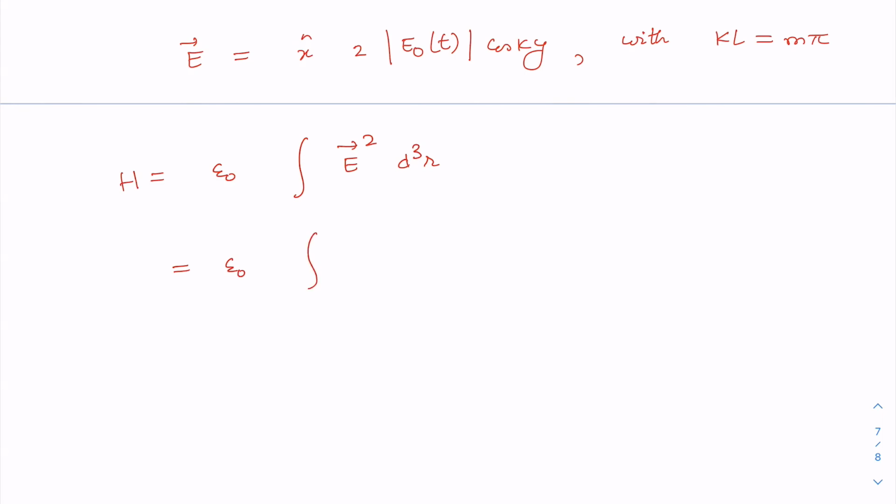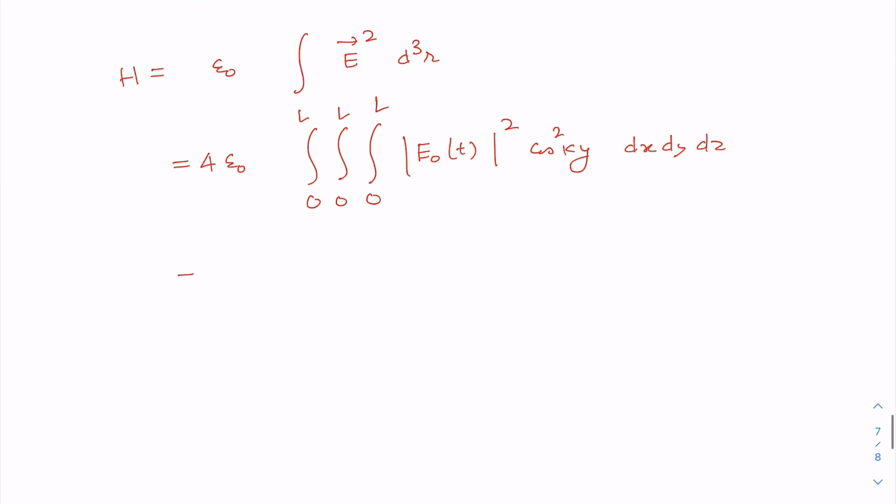We are integrating over the whole cubical box, so x goes from 0 to L, y goes from 0 to L, z goes from 0 to L, and for the electric field, E^2 gives me a factor of 4, and then I have |E0(t)|^2 cos^2(ky) dx dy dz. It is very straightforward to work it out.